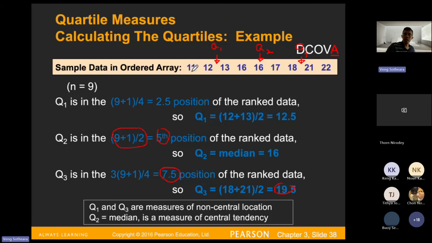After rearranging, the youngest is 11 years old, next one is 12, while the oldest is 22 years old. Now we found that the second quartile is 16. So what can you say about 16 as Q2 in this context?